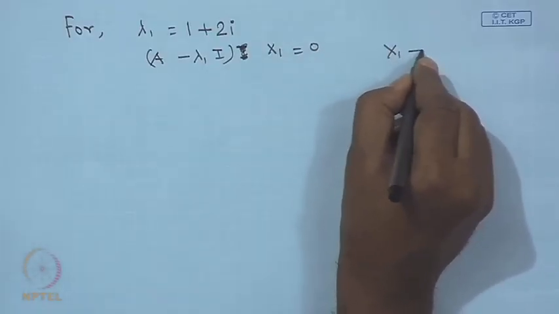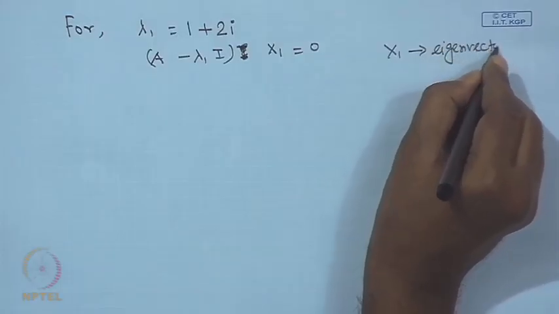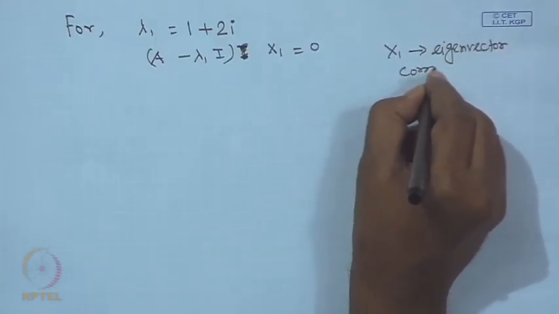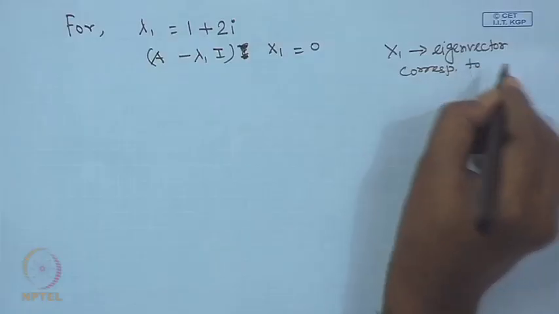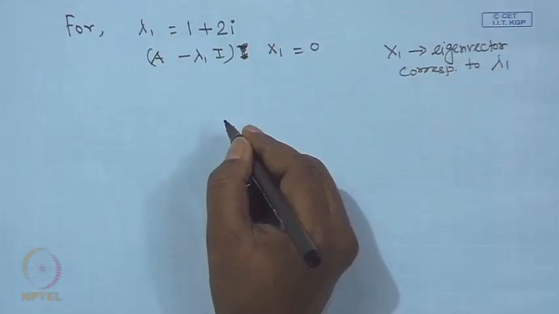So, x 1 is the eigenvector corresponding to eigenvalue lambda 1.